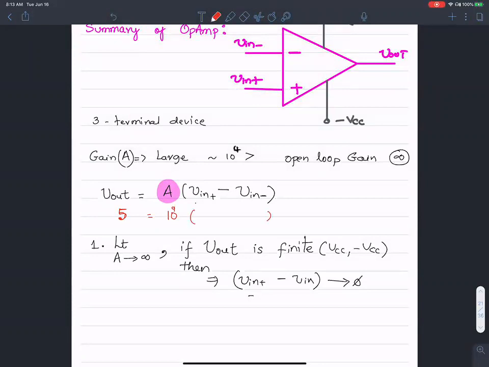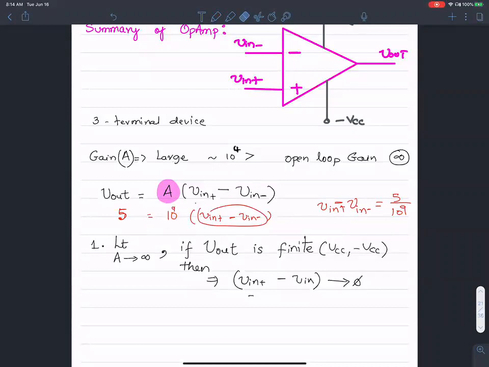By the very equation here, V in plus minus V in minus is 5 over 10 to the 9, since the gain comes to the other side. That becomes a very, very small number, close enough to 0.